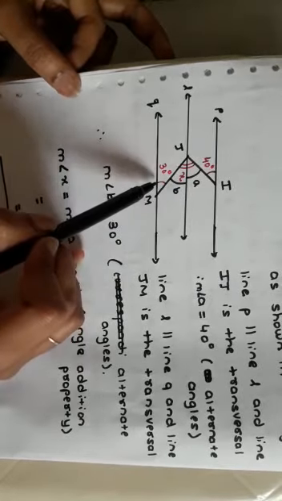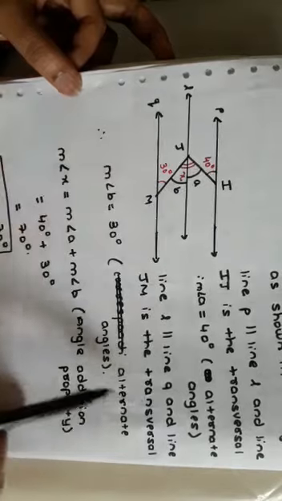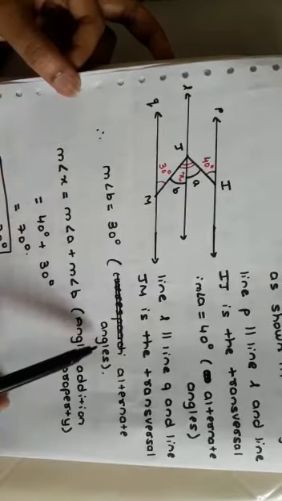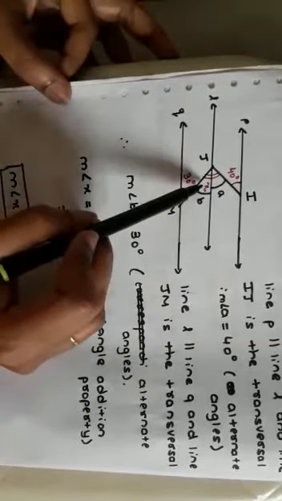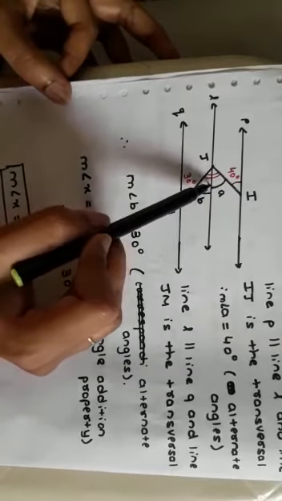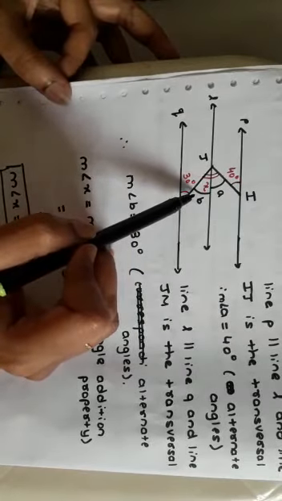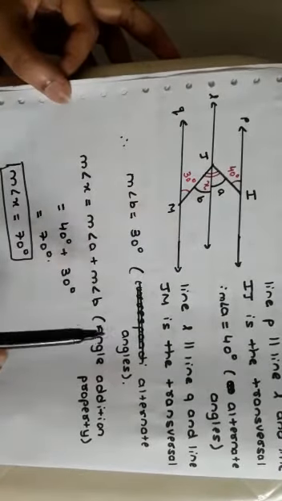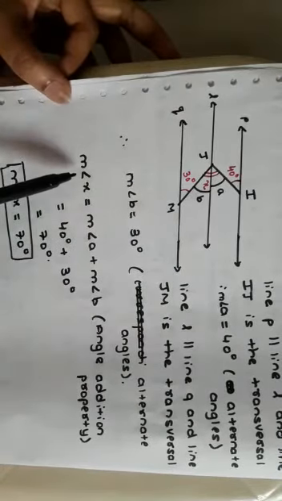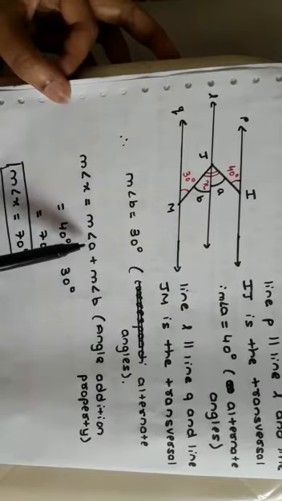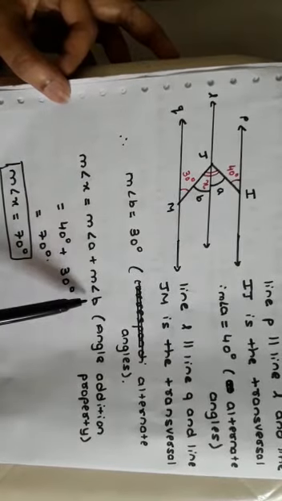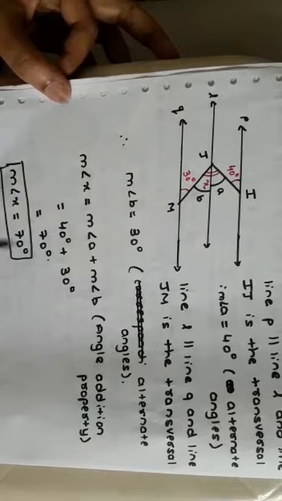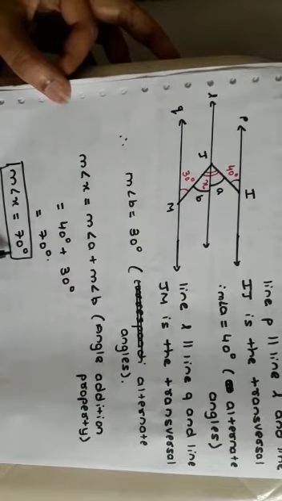So B is equal to 30 degree. Again, same reason, alternate angles. Now, angle X is divided into angle A and angle B by the line L. So here we can use angle addition property and therefore measure angle X is the same as measure angle A plus measure angle B. Substitute the value and therefore measure angle X is 70 degree.